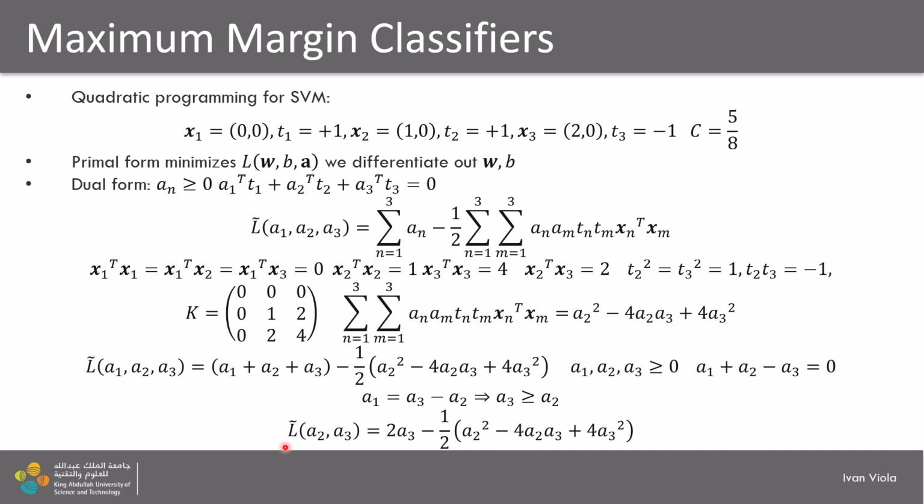So finally our Lagrangian formula will have only a2 and a3 components, and the formula will be 2a3 minus the term acquired from this double sum. So we have our Lagrangian formula, and now we will be maximizing it.